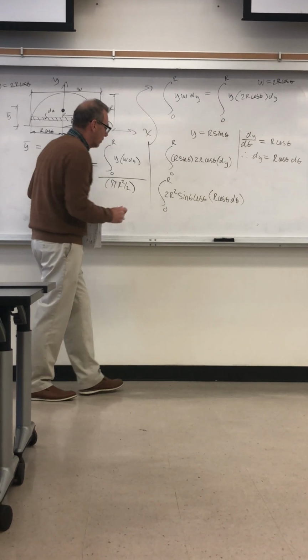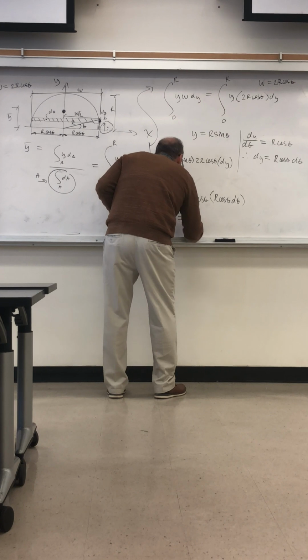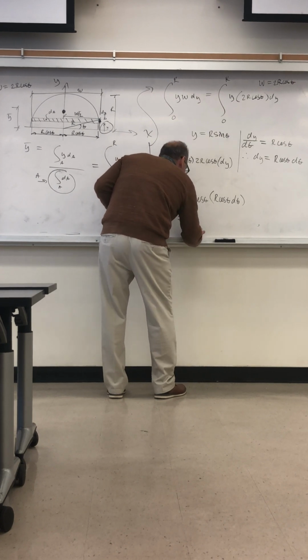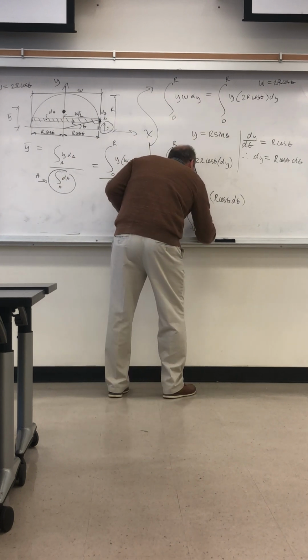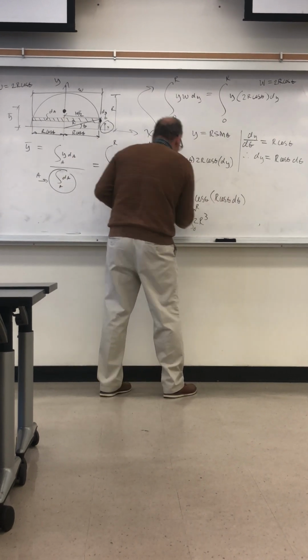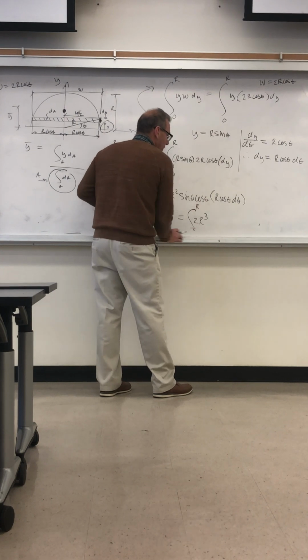So this is equal to the integral from 0 to r, so the limits too, of 2r cubed. I can see I have a sine theta and a cosine squared theta.